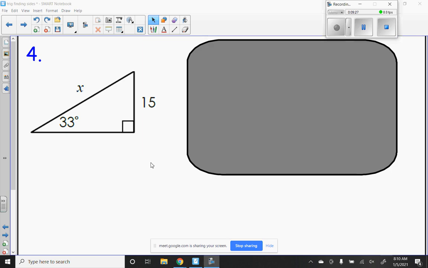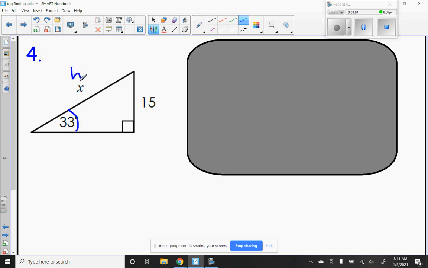All right, so here is a different looking equation for finding missing sides. And as soon as I show you what the equation looks like, I'll explain it. All right, my process is identify my angle. Identify what sides you have based on that angle.